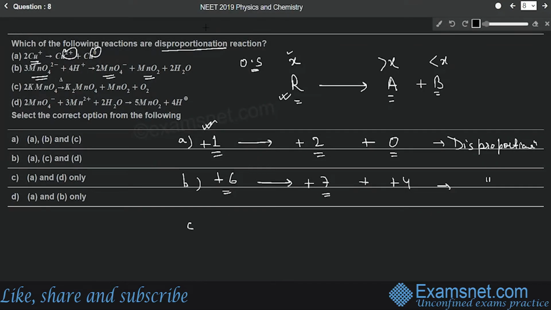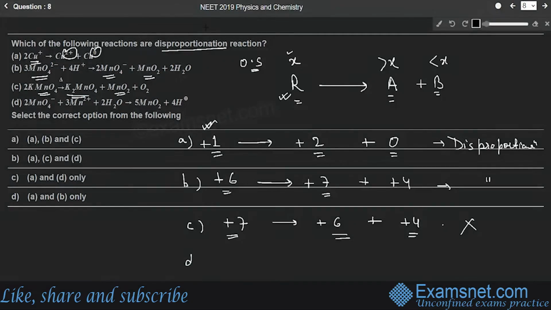Now in the third one we can see that the oxidation state of manganese on the reactant side is +7. On the product side, in this K2MnO4 the oxidation state is +6 and in manganese dioxide it is +4. So this time the reactant oxidation state is not intermediate. On this side we don't have any oxidation state that is more than +7. So this will not be an example of a disproportionation reaction.